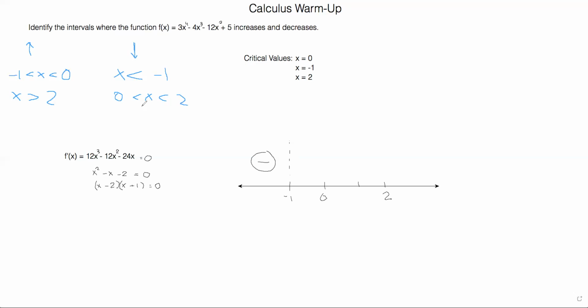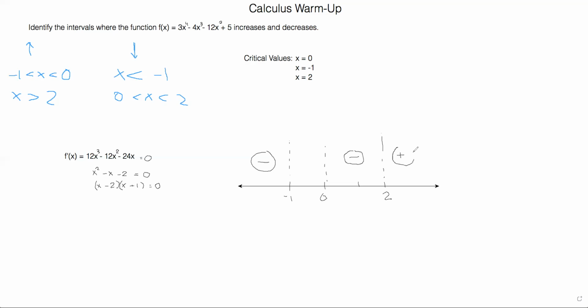And you also tell me that our function is decreasing on the interval between 0 and 2, which is correct. And then you tell us that our function is increasing when x is greater than 2, which is also correct.